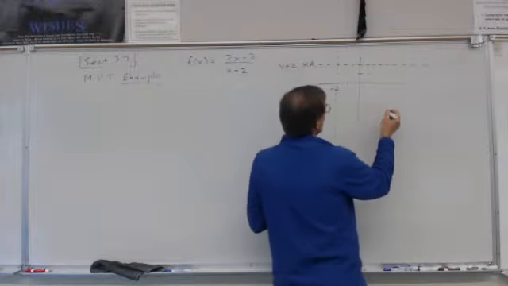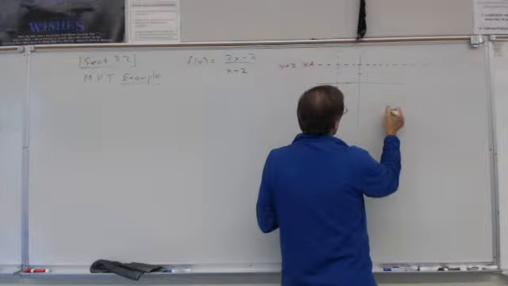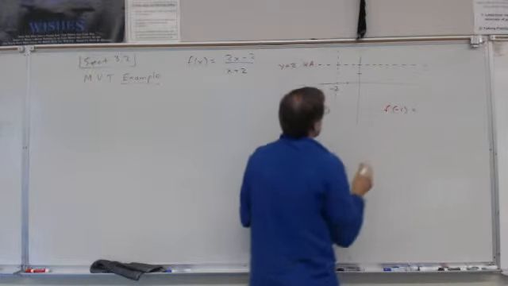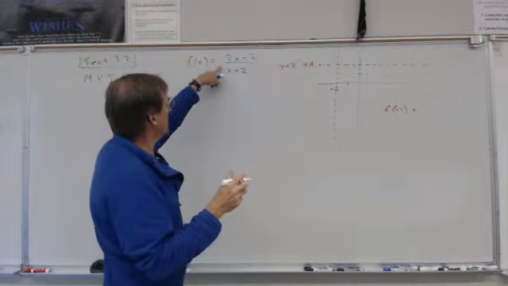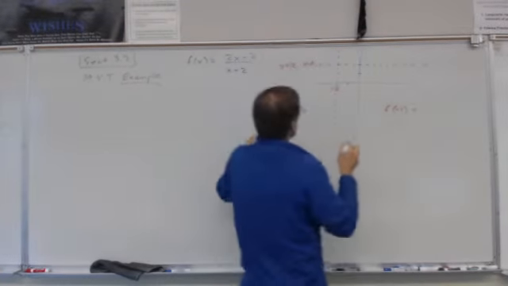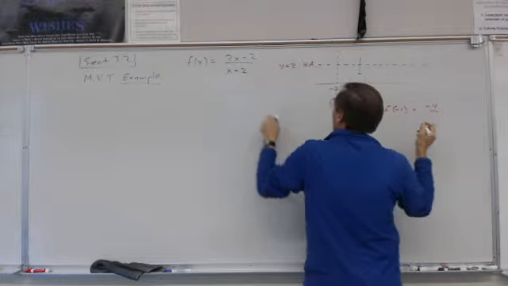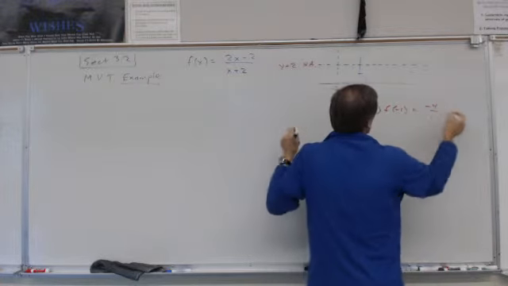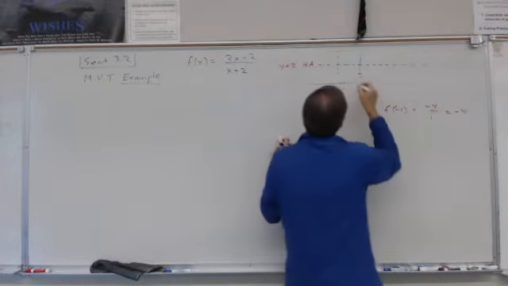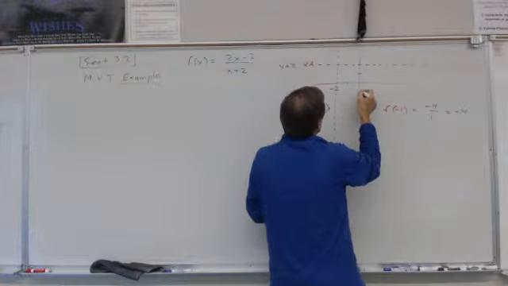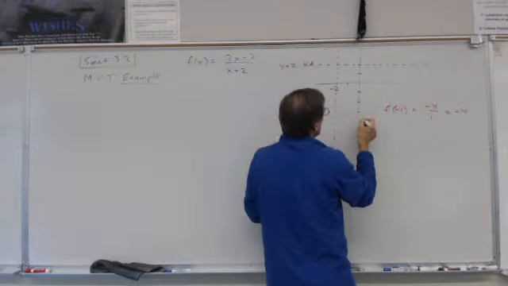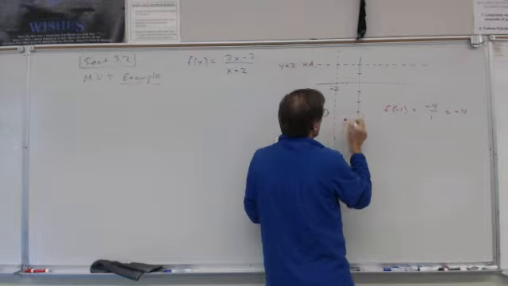So I think it's easy if you find f of negative 1. F of negative 1, if we put negative 1 in here, is going to be negative 4, I think, over positive 1. So that's going to be negative 4. So here at negative 1, it's going to be 1, 2, 3, 4 down here.